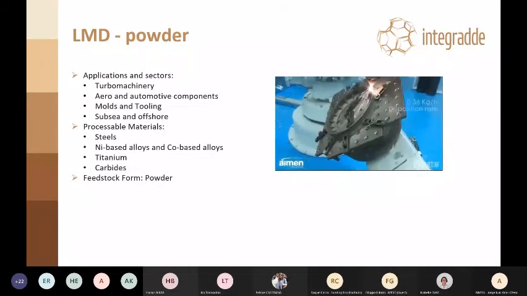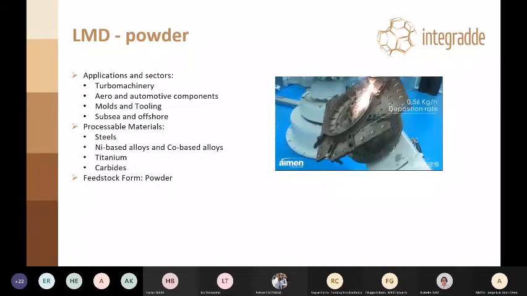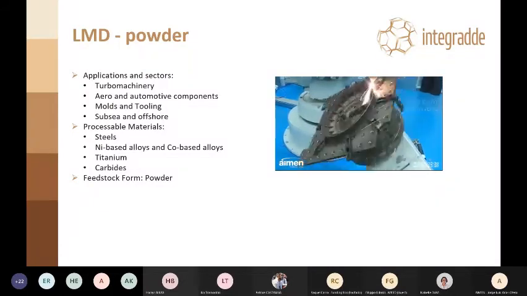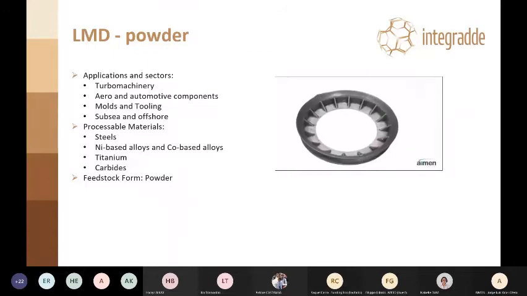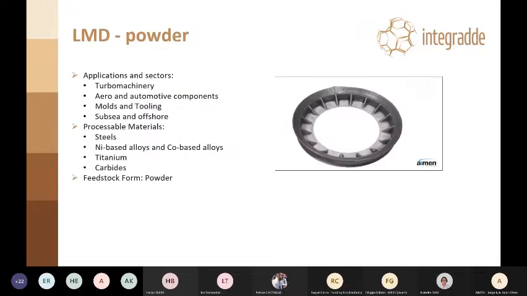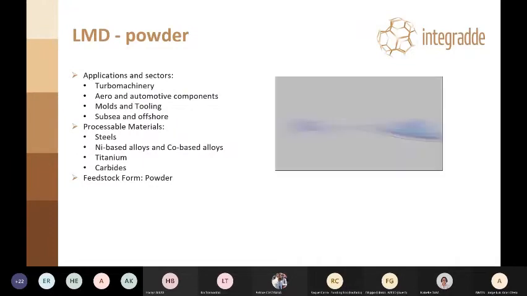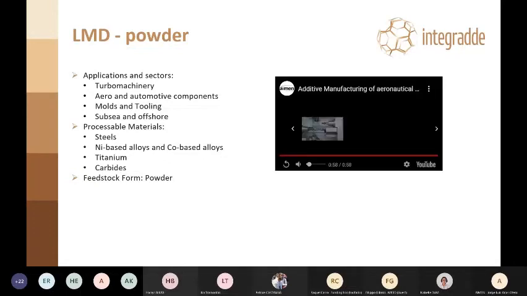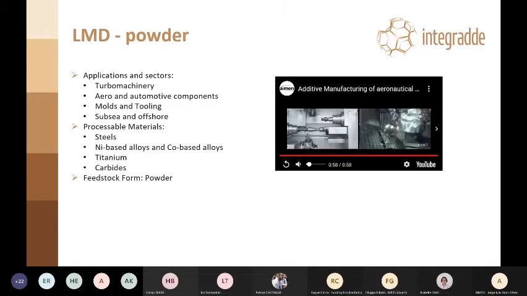As you can see here, first we deposit layer by layer the first cylindrical wall with some ribs, and at the end we have to tilt the external axis to be able to grow the final part that was tilted 45 degrees.